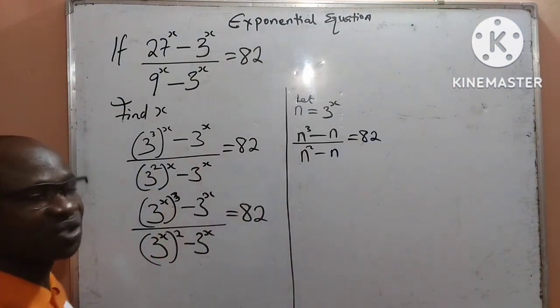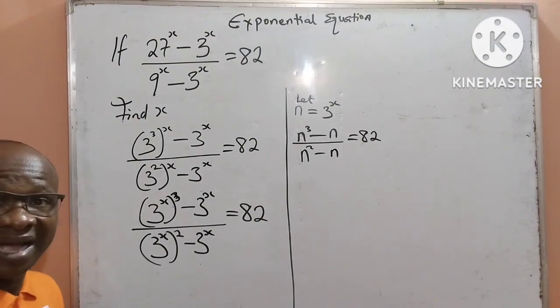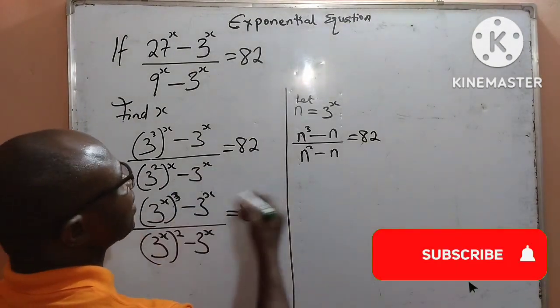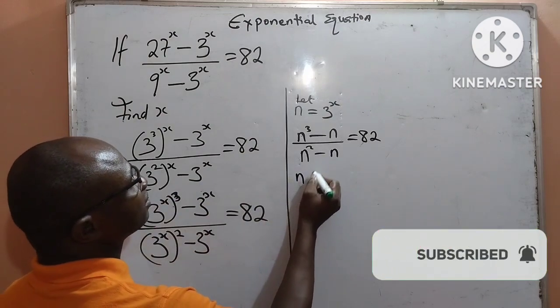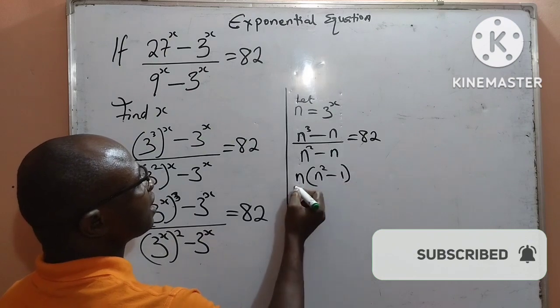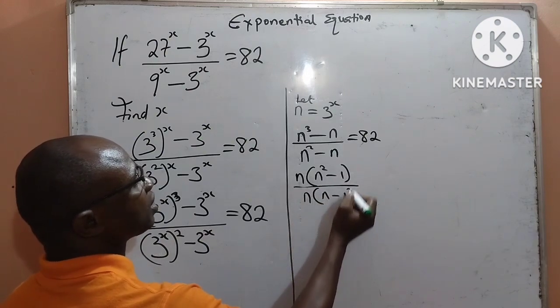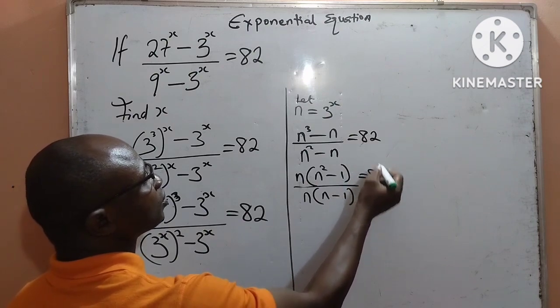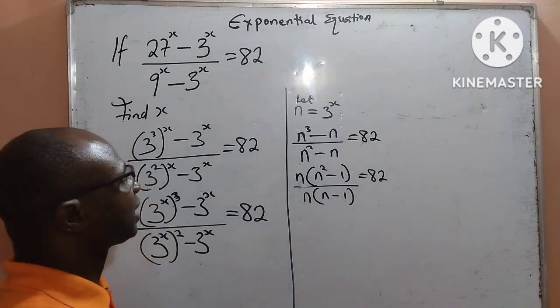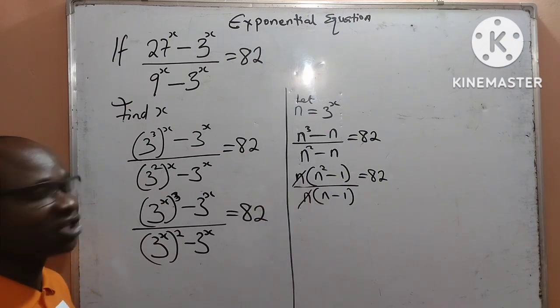Now, from the left hand side, you see n is common, both at the numerator and at the denominator. I can now factor it out to have n(n^2 − 1) divided by n(n − 1), all equal to 82. We can now cancel out the n that is common.